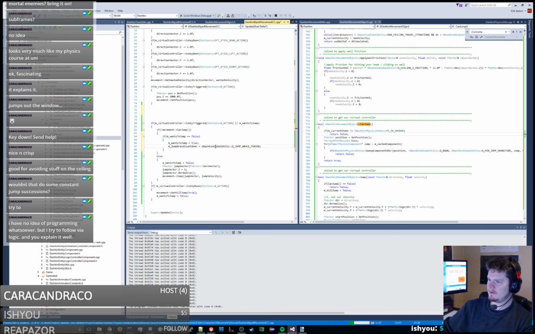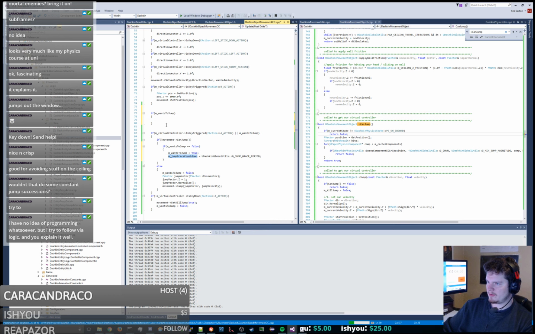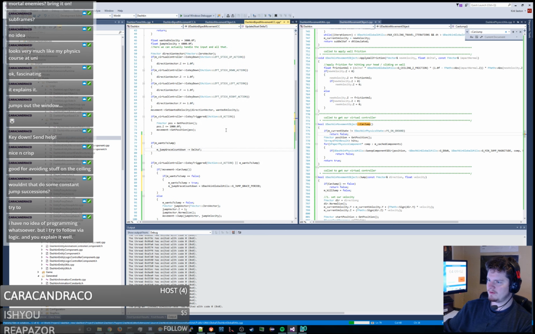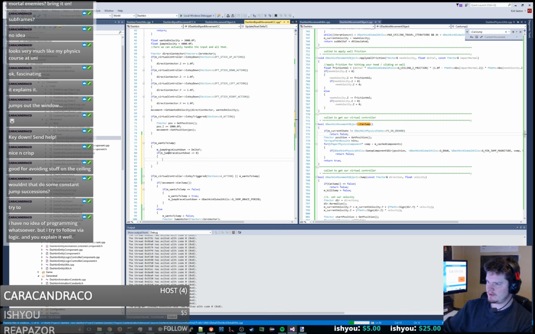Then if m wants to jump, we do the jump grace countdown minus equals delta t, which we've got, and if this is less than or equal to 0, then we say wants to jump is false. Timeout of wanting to jump.